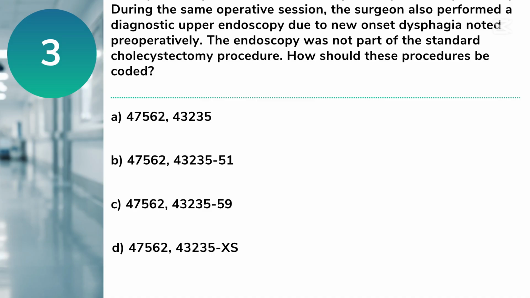Question 3. A 45-year-old patient underwent a laparoscopic cholecystectomy. During the same operative session, the surgeon also performed a diagnostic upper endoscopy due to new-onset dysphagia noted preoperatively. The endoscopy was not part of the standard cholecystectomy procedure. How should these procedures be coded?